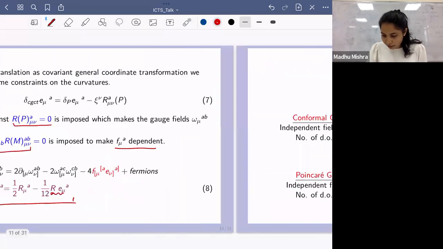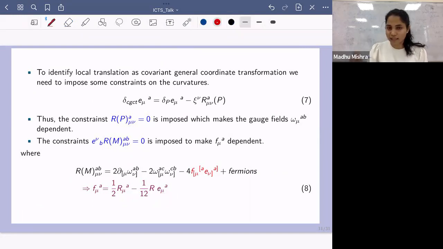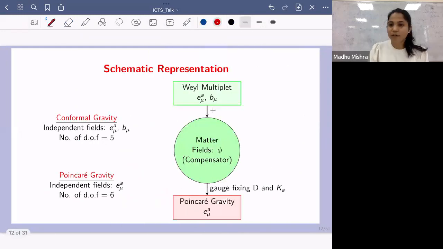Okay, so now that we have imposed these constraints and we have shown that F mu A and omega mu AB are dependent, which is the nature of a gravity theory, we will count the degrees of freedom. When we count the degrees of freedom, we subtract gauge symmetries from the number of components of independent gauge fields in the theory.